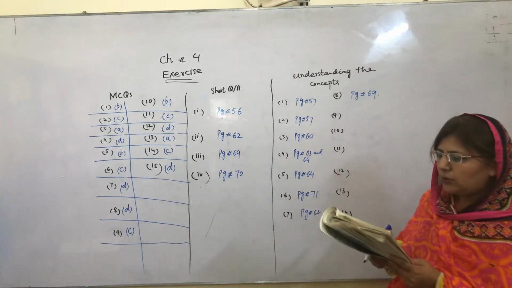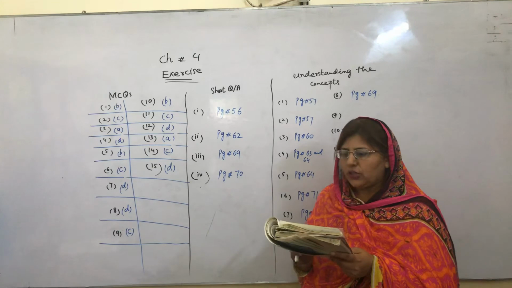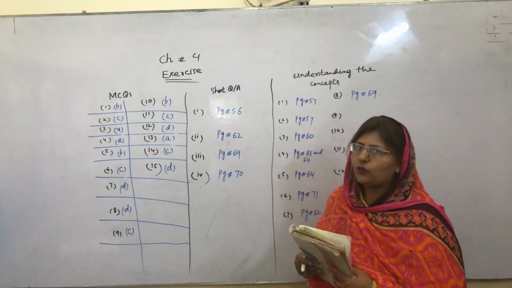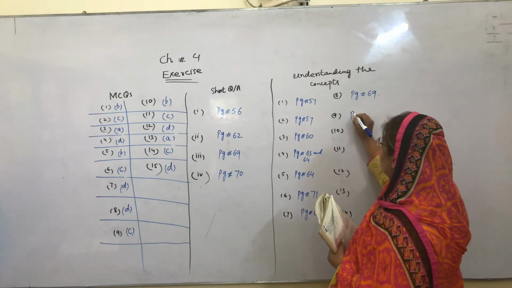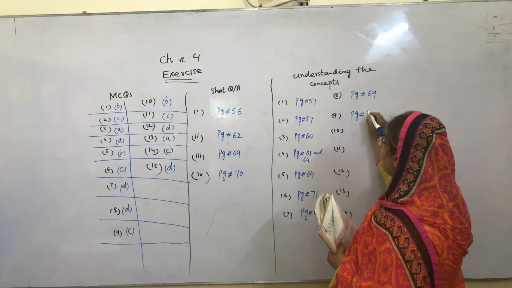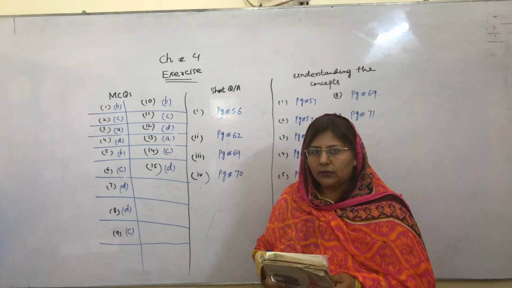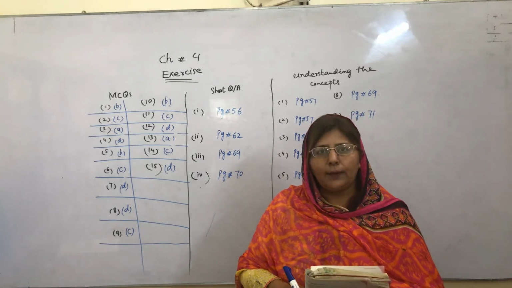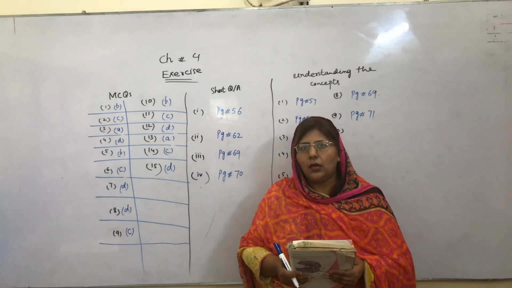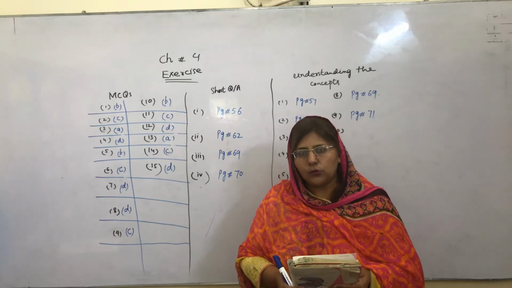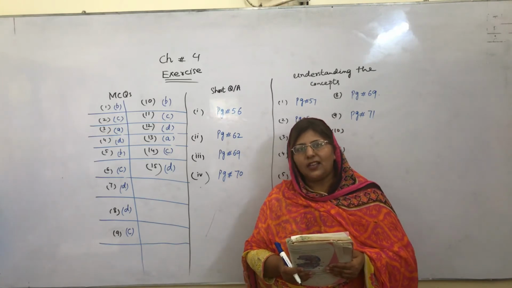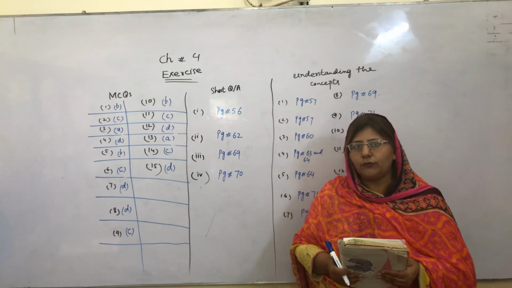Then there is question number 9, describe how turgor pressure develops in a plant cell. You can find its answer on page number 71, and we have already discussed turgor pressure. How is it produced? I told you that when a cell is put into a hypertonic solution, when there is more solvent, the cell becomes ruptured, it becomes a ball.